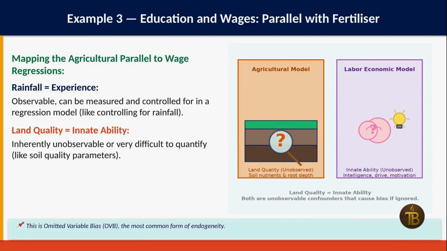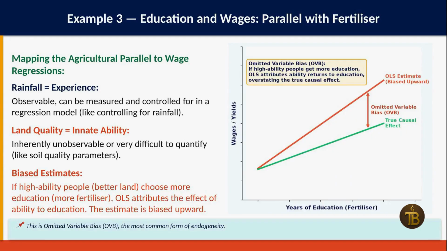It's inherently unobservable, or at least very hard to measure, just like soil quality is hard to fully capture in a few variables. And the consequence is the same too. If high-ability people, like better land, choose more education, like more fertilizer, then OLS will attribute the effect of ability to education instead, biasing the estimate upward.